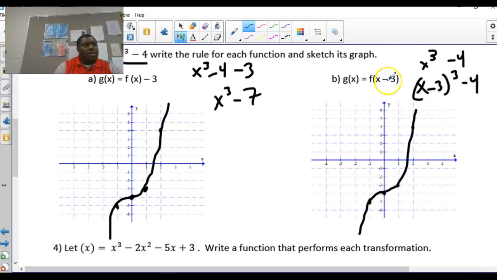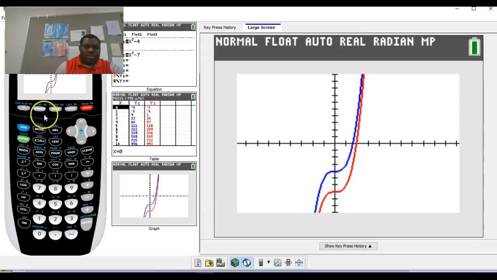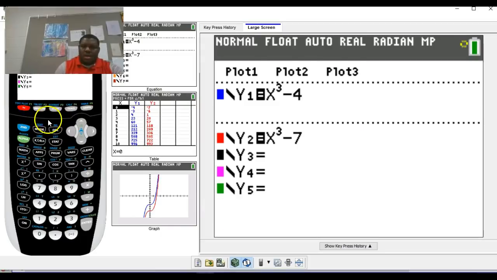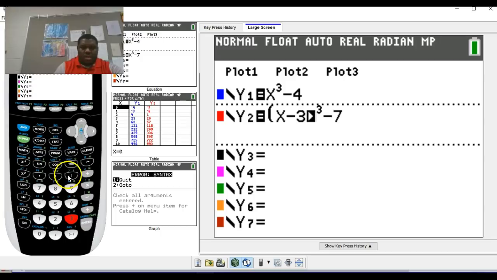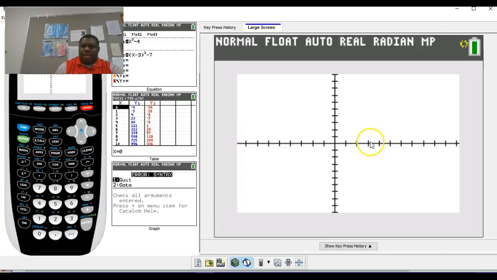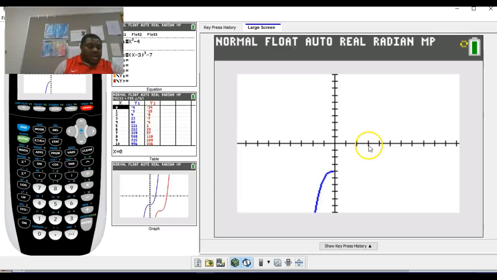That's directly subtracted from the x, okay? So when we graph that, here's what you get.